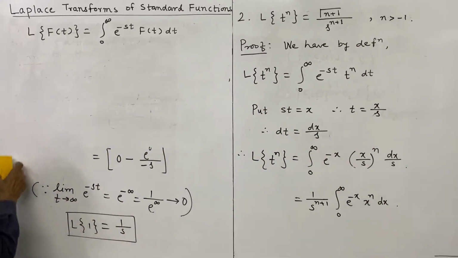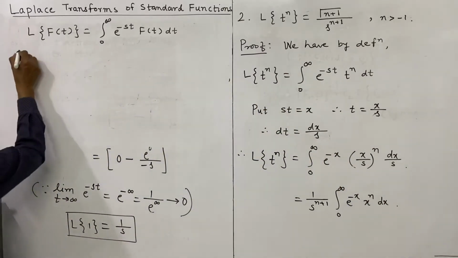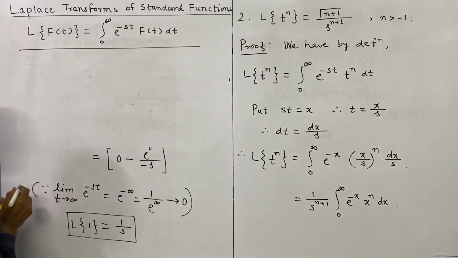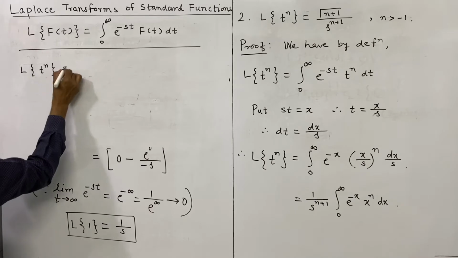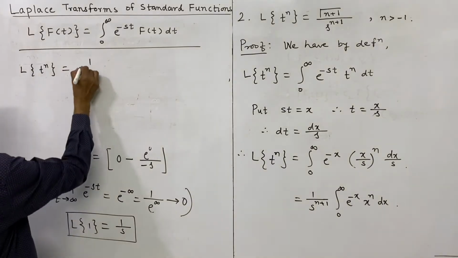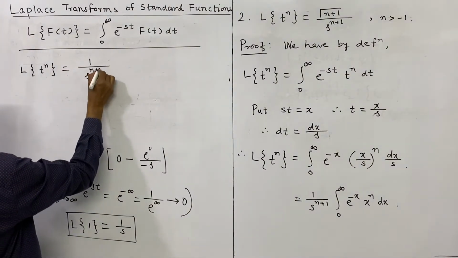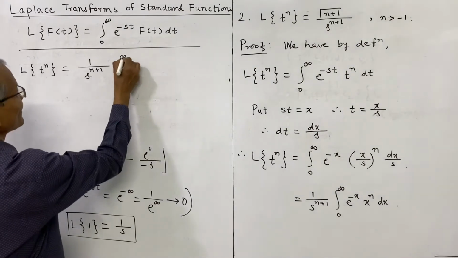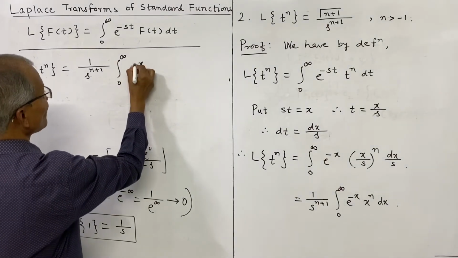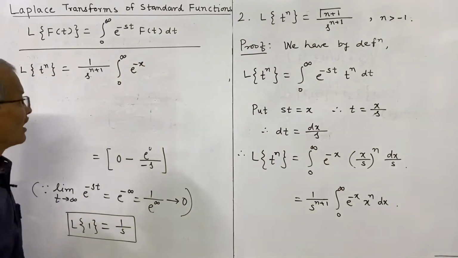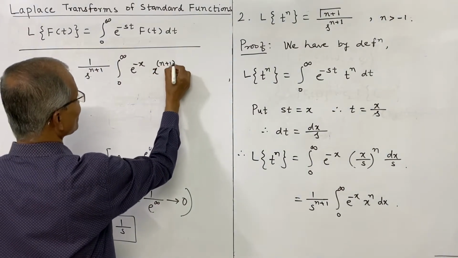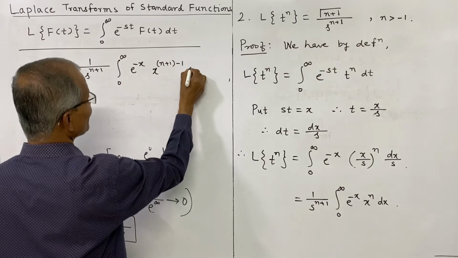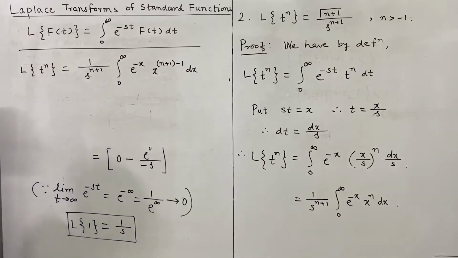Thus we have expressed the integral in this form, and now further that can be written as L of t power n is equal to 1 over s power n plus 1 integral 0 to infinity. We will write this in the form of gamma function, a special function, which can be written in this form as x power n plus 1 minus 1 into dx, and this is exactly gamma of n plus 1.